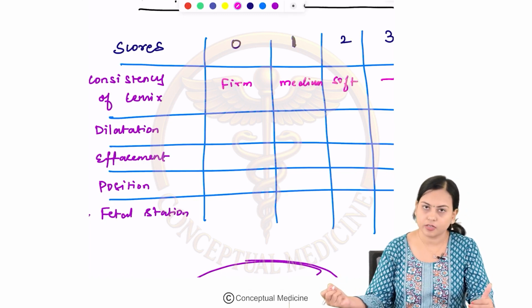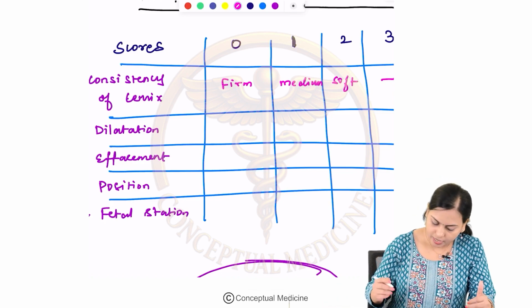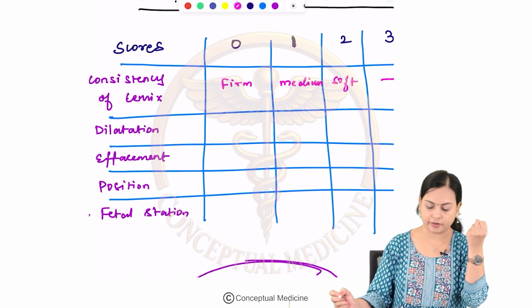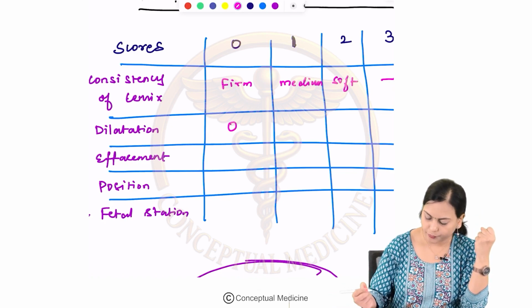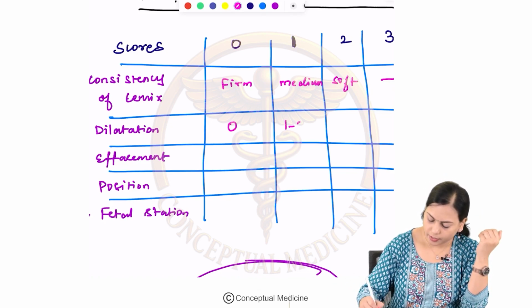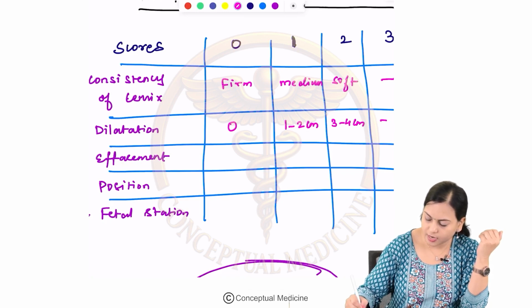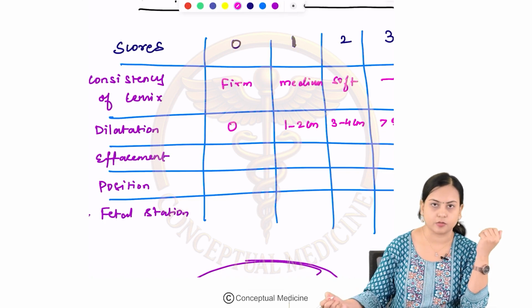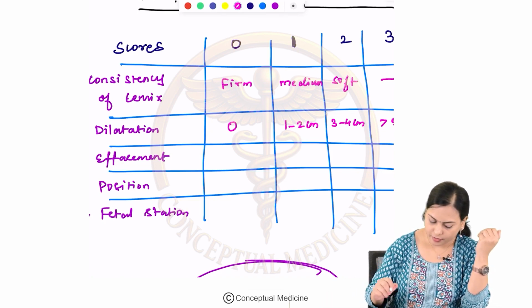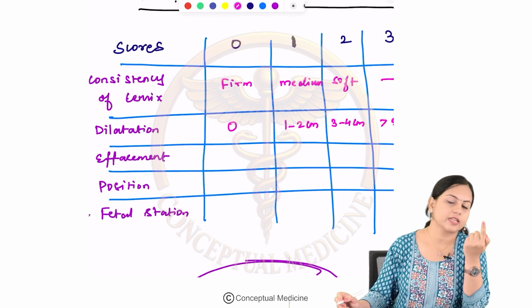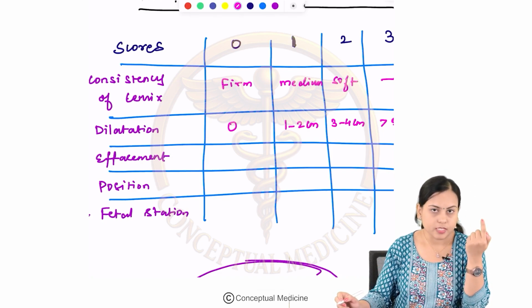That is nothing for score 3 here. And dilatation of the cervix, remember the cervix will be closed at first, right? So, it starts from 0, okay? Then 1 to 2 centimeters, 3 to 4 centimeters and more than 5 centimeters, right? And for effacement, it is given in centimeters and remember the normal cervical length is going to be more than 2 centimeters, right?